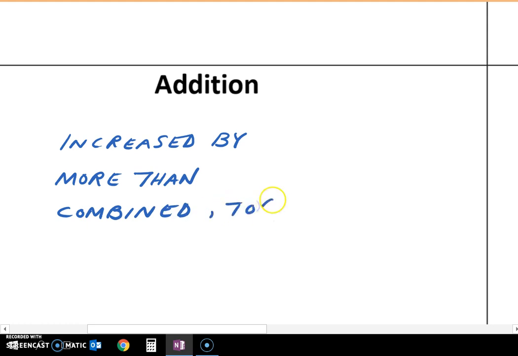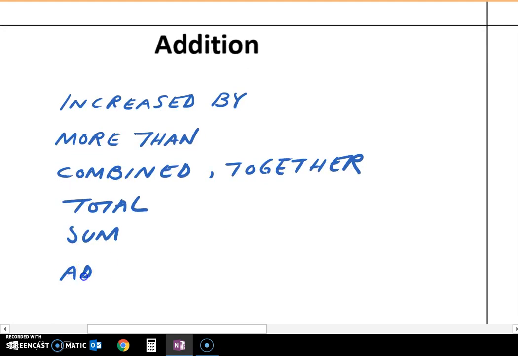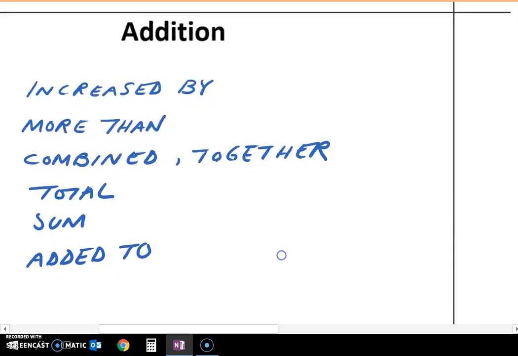Could also be together. Total. Sum. And of course added to. I think out of the ones here for addition, the most frequent that you'll see is probably the combined, in total, or increased by. You might even see the more than.